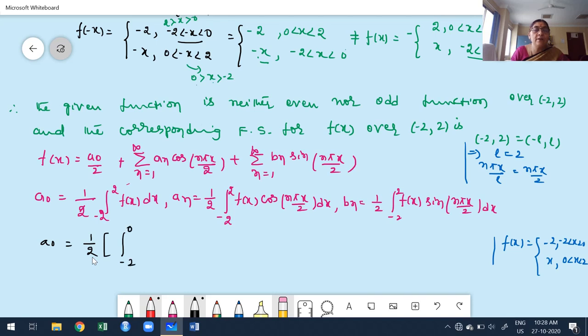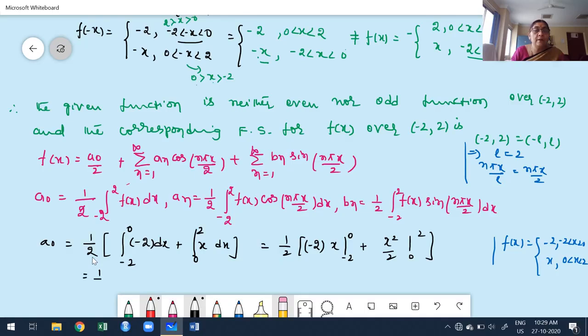I give a bracket: minus 2 to 0, the function is minus 2; 0 to 2, the function is x dx, based on splitting the function as you solved in a few problems. Now 1 by 2. I keep the constant minus 2 outside. Integration of 1 with respect to x gives x from minus 2 to 0. Plus, the integration of x is x square by 2, with limits 0 to 2.